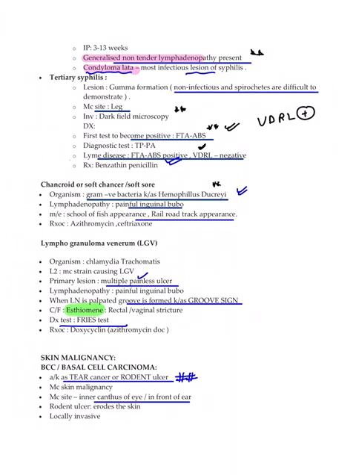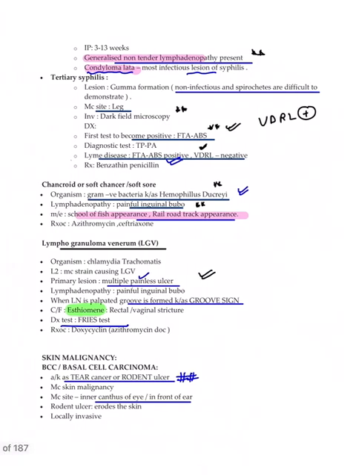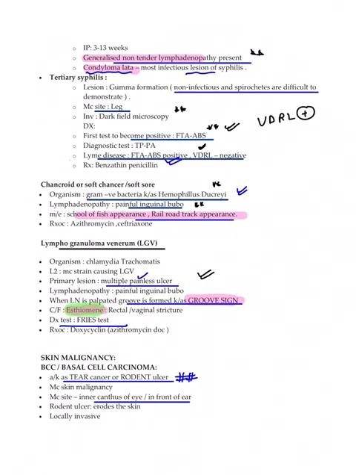Now coming on to chancroid, that was due to Haemophilus ducreyi, painful bubo, and there was school of fish appearance and the railroad track appearance, guys. Now coming on to lymphogranuloma venereum, guys. We have read everything. So groove sign is important, painful is important, and it is caused by Chlamydia, guys. Now coming on to skin malignancy. Basal cell carcinoma is more common in the exposed parts, guys.